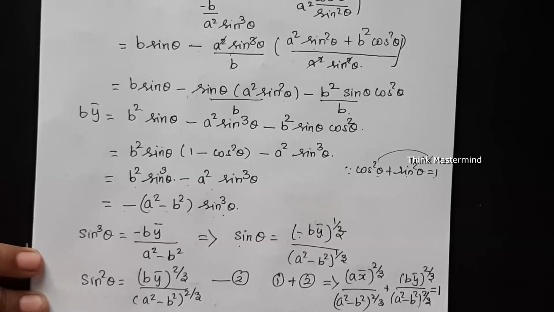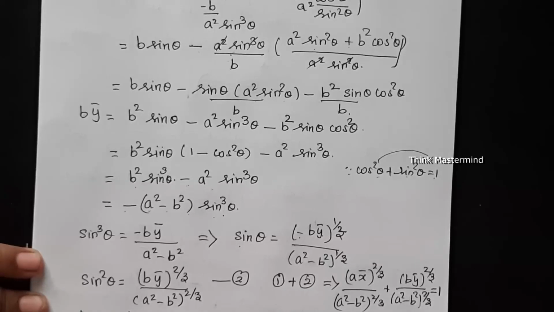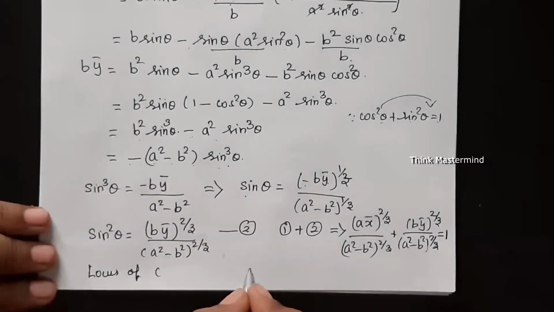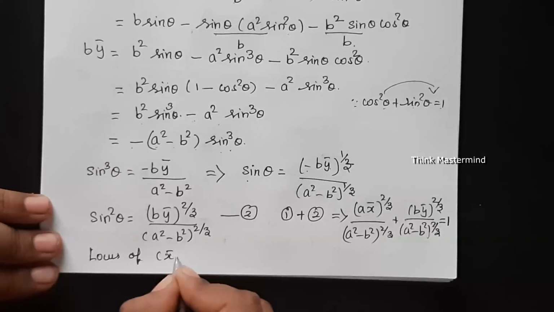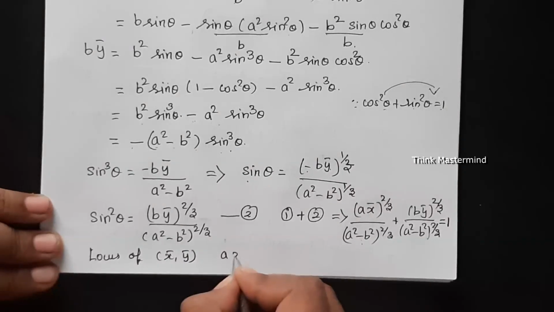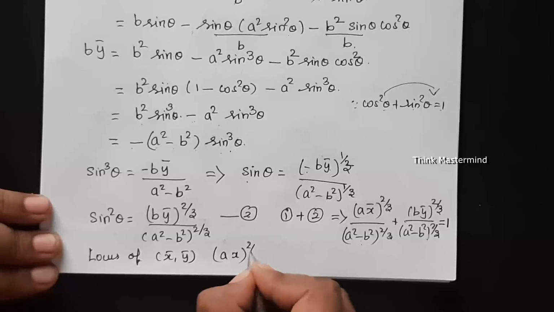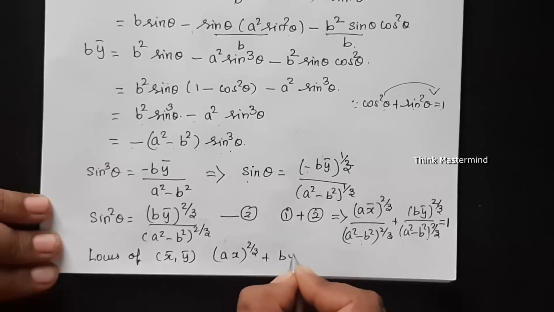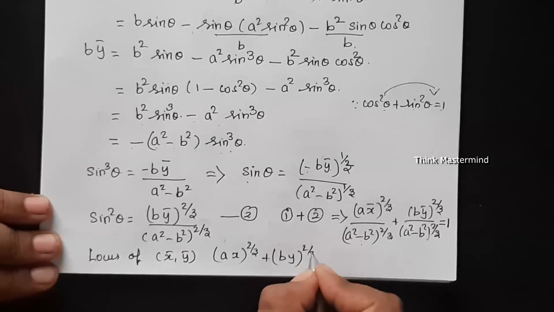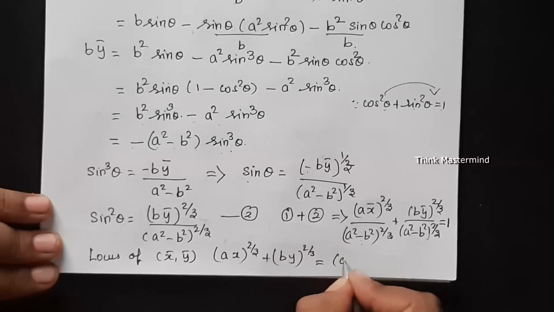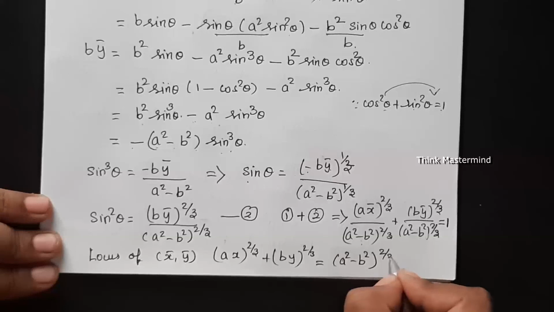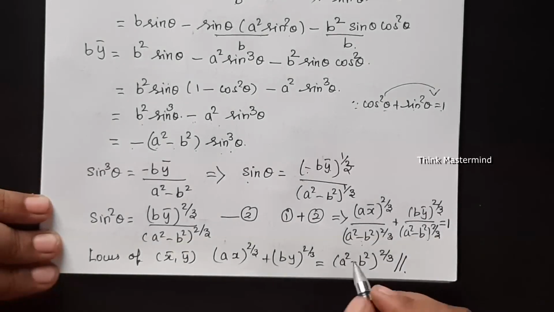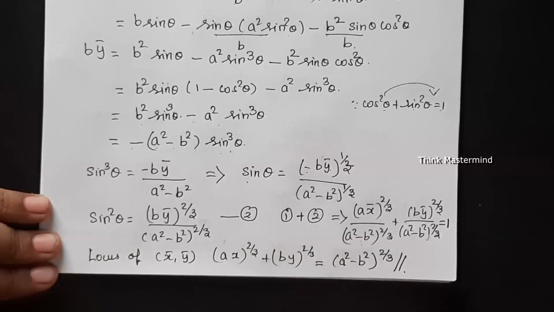So now the last step, the locus of x bar y bar is (a x) power 2 by 3 plus (b y) power 2 by 3 is equal to (a squared minus b squared) whole power 2 by 3. It is the evolute of the ellipse.